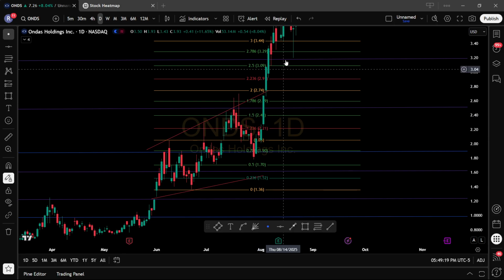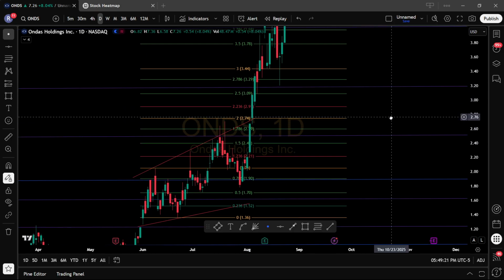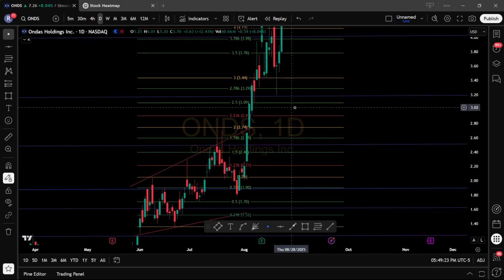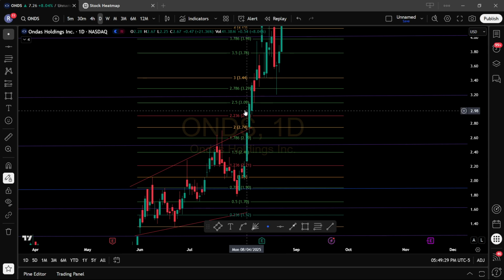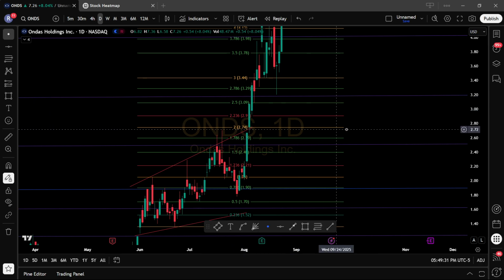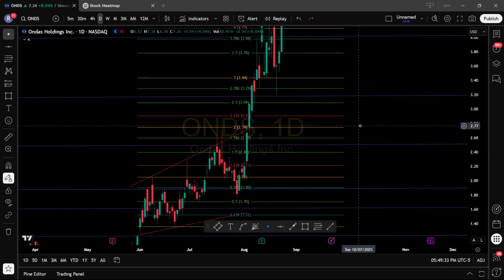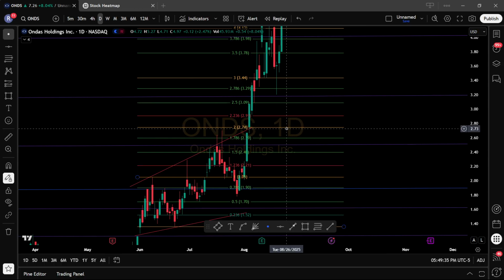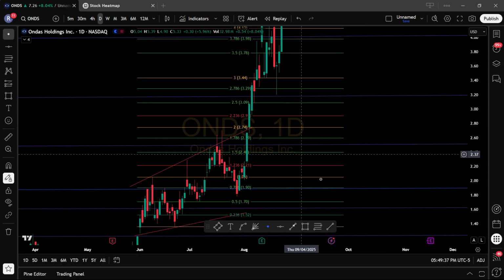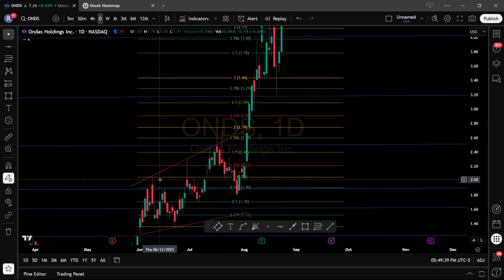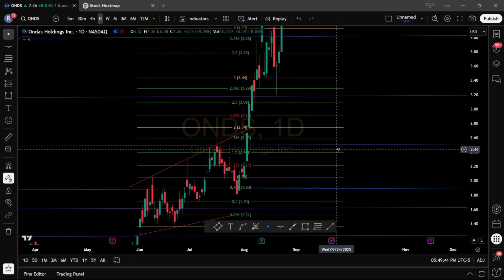Once it starts trading beyond that, you just track the levels to see when it is running, when it is becoming overextended, or when I need to readjust my fib levels to get a better read on the tops and the bottoms, the highs and the lows. As you can see, we're still trading based off this high and this low down here.